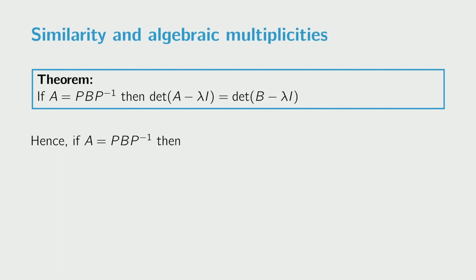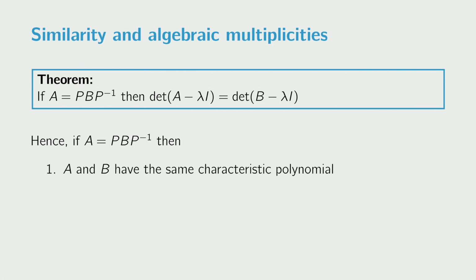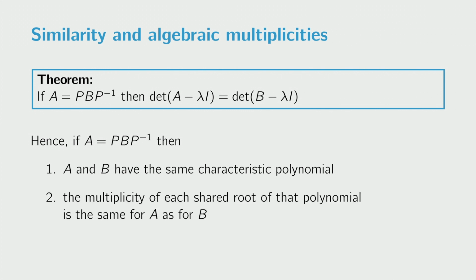Hence, if A is equal to P times B times P inverse, then A and B have the same characteristic polynomial. This implies that the multiplicity of each shared root of that polynomial is the same for A as for B. Recall that this multiplicity is called the algebraic multiplicity of the eigenvalue in question.